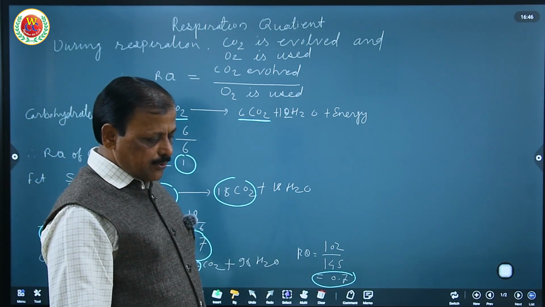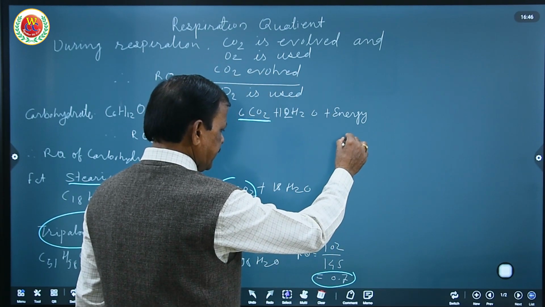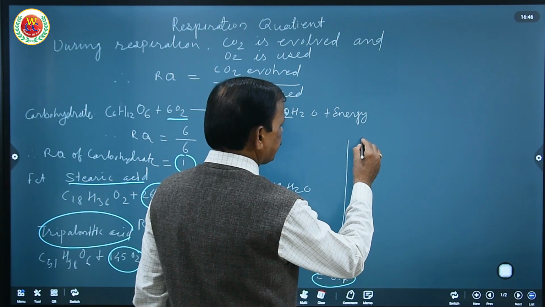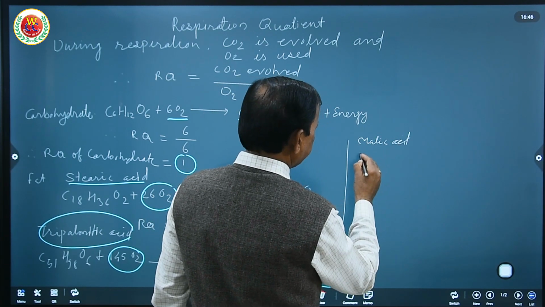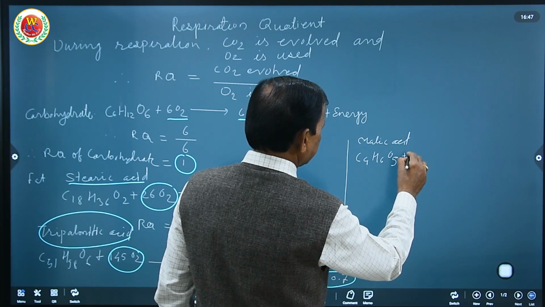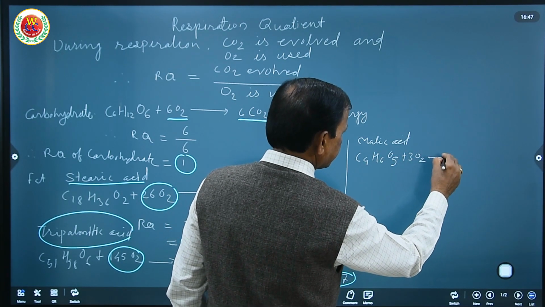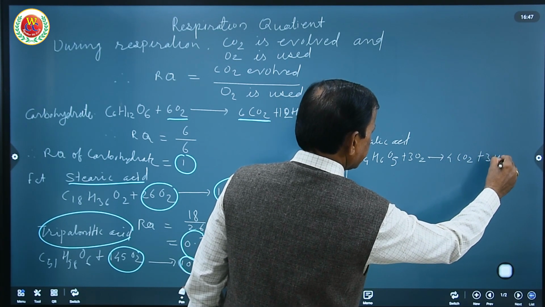Now what would be the RQ for an organic acid? Take any organic acid, for example malic acid. The formula of malic acid is C4H6O5, which requires 3 molecules of oxygen, producing 4 molecules of CO2 plus 3 H2O.